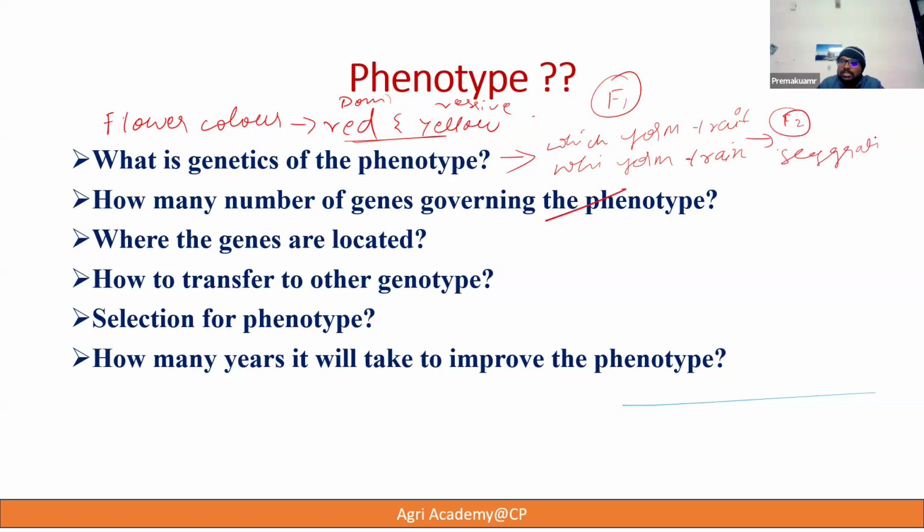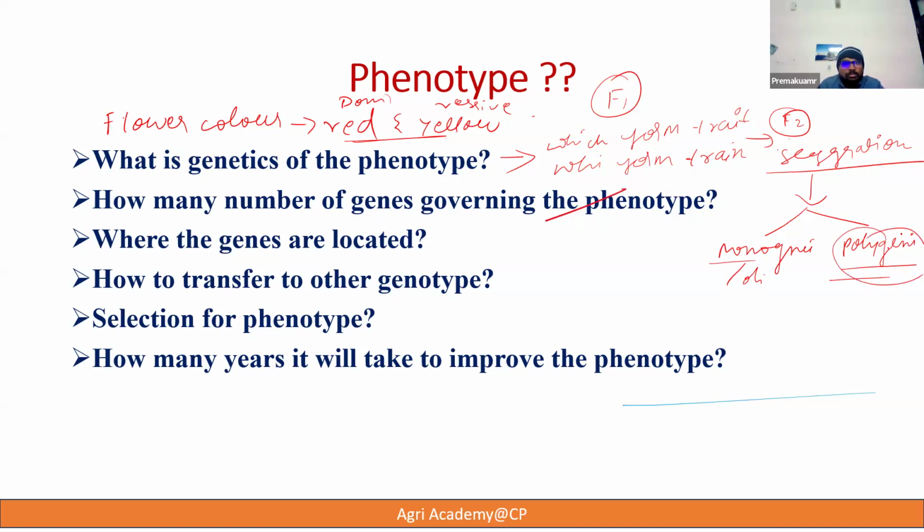I already discussed how to do this. Based on the segregation pattern, we are going to know whether the particular phenotype is monogenic inheritance or polygenic inheritance. Oligogenic also may be possible. We have discussed in detail what is monogenic, what is polygenic, and what their characters are.